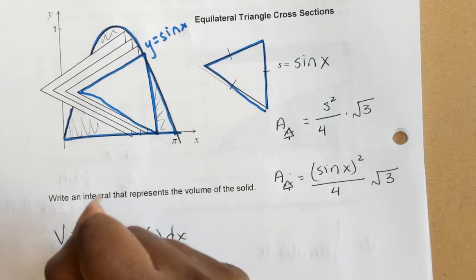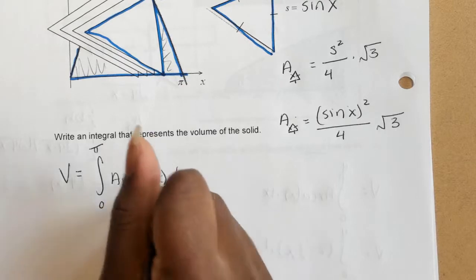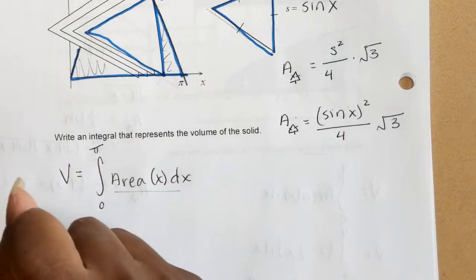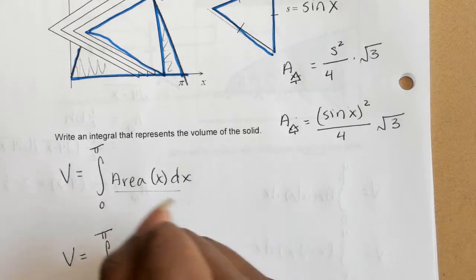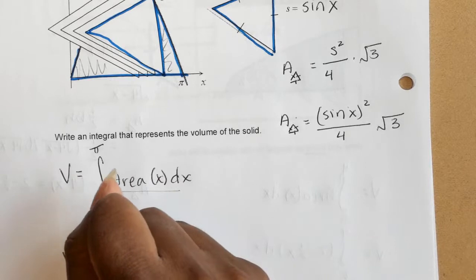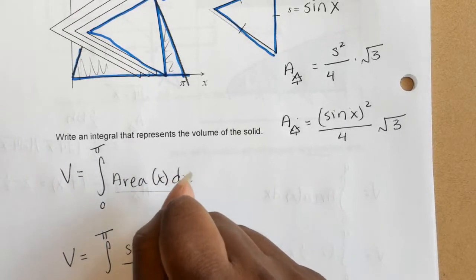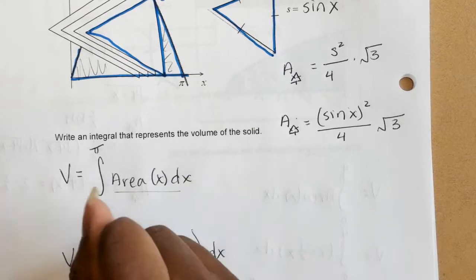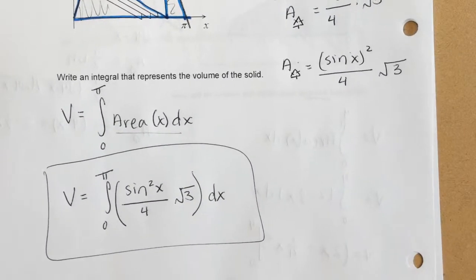So to write this integral, I'm just going to replace the area of x with our area equation. So volume is equal to the integral from 0 to pi of sine squared x over 4 root 3 dx. And there's our volume integral.